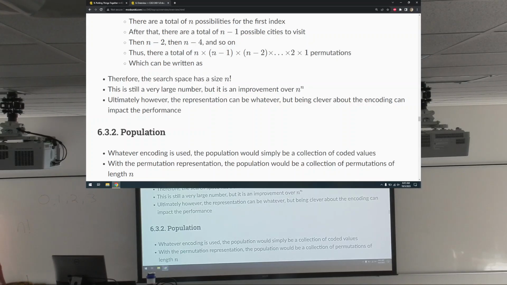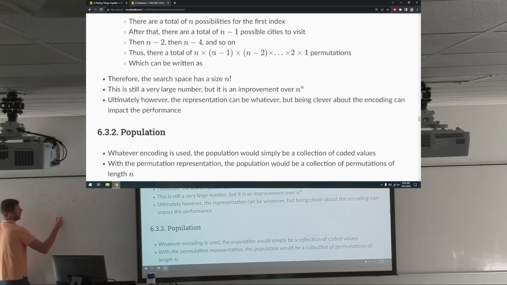If 0 doesn't need to come first, it could be any other city, but really it doesn't matter, right? Because it's still a cycle. I can point at any arbitrary vertex and say that was the starting one. If 0 has to come first, this is the only possible ordering of this path. If 0 didn't have to come first, then this is a valid path.